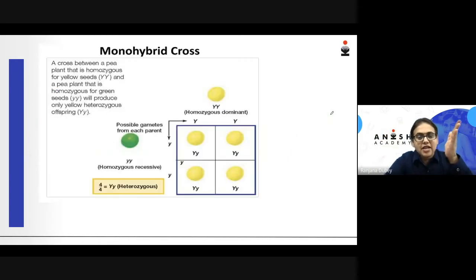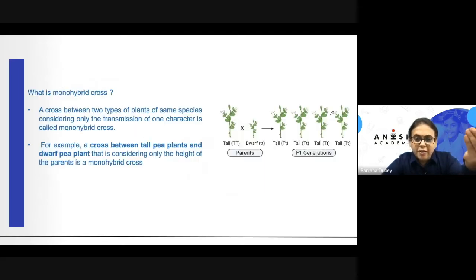In the previous slide, the trait taken was the seed color, yellow and green. So only one feature, the seed color, was taken into consideration there, and here only one feature, the height of the plant.